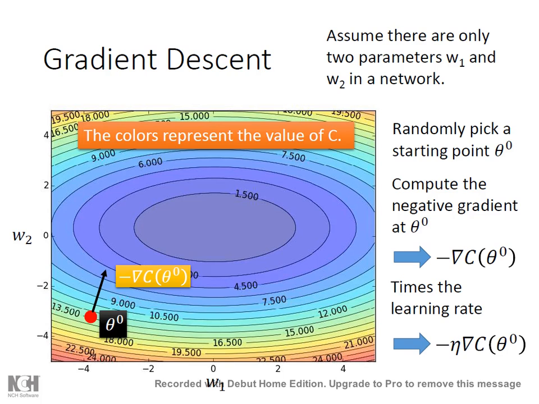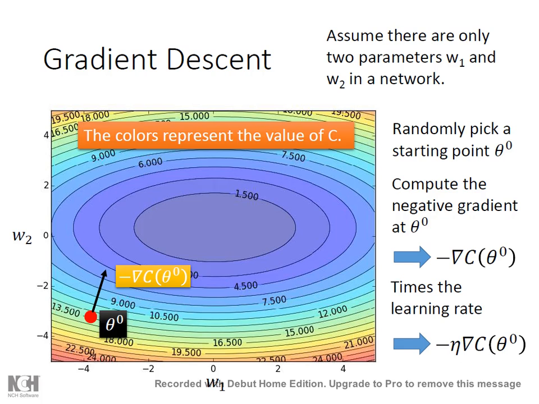For this line, all points on this line have a cost of 1.5. And then it becomes higher. Here, all points on this line have a cost of 6.96. This is the heat map.